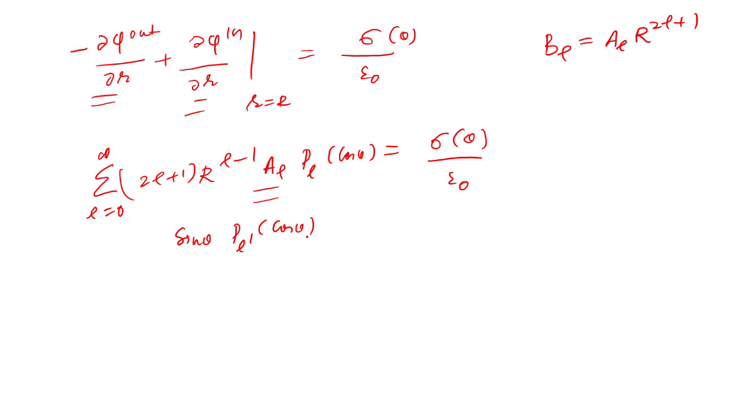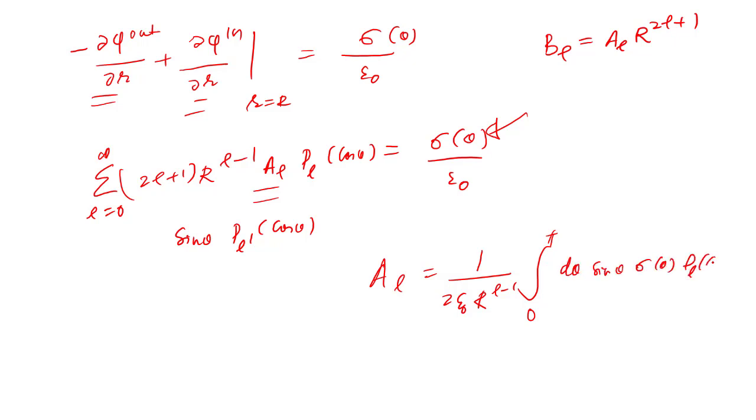If we do that for this specific condition, if you are given sigma of theta, then you can figure out AL to be equal to something like 1 over 2 epsilon naught R to the power L minus 1, integral from 0 to pi of d theta sine theta sigma of theta PL of cosine theta.